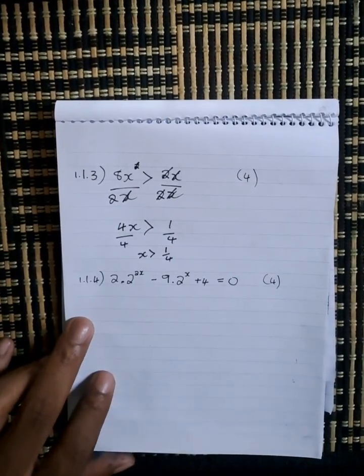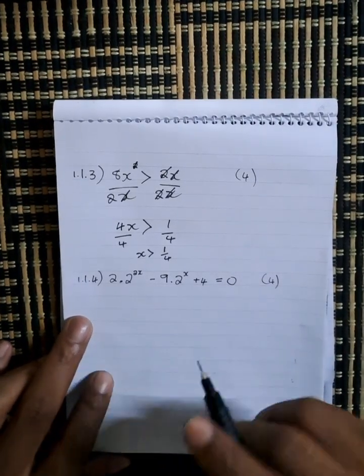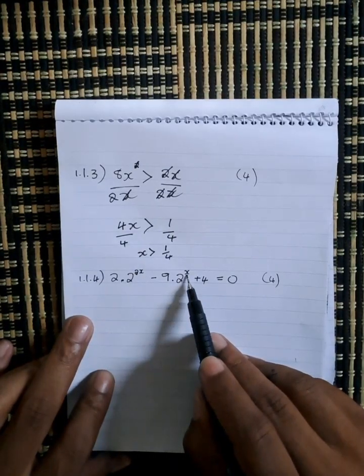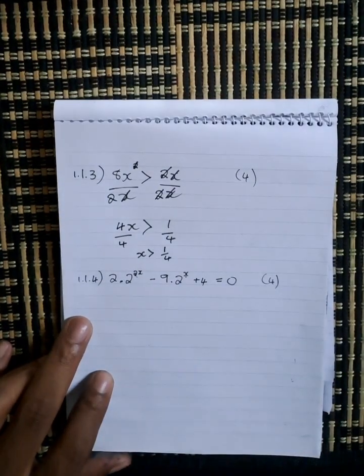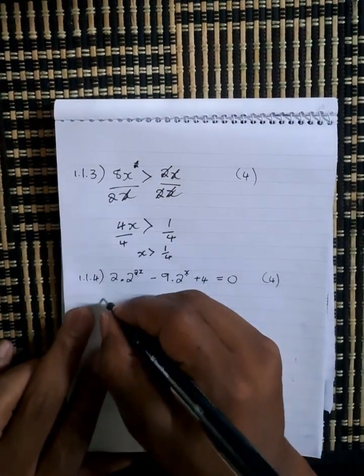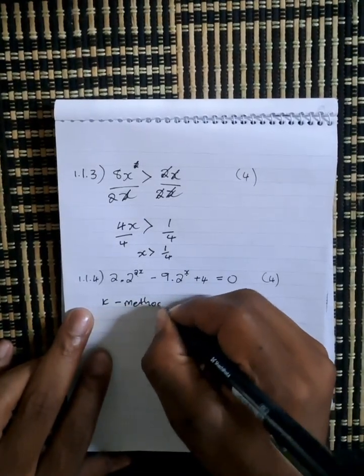Now let's move on to 1.1.4. Because the x is an exponent, I would like to deploy a method that I call the K method.